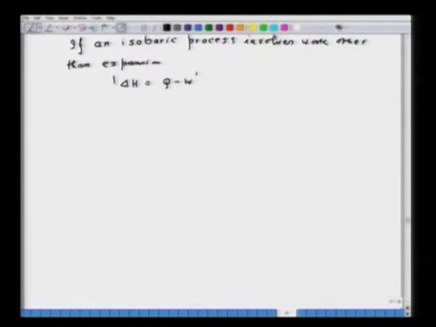That is an important thing here, because delta H equal to Q is only valid for an isobaric process which involves only work of expansion.